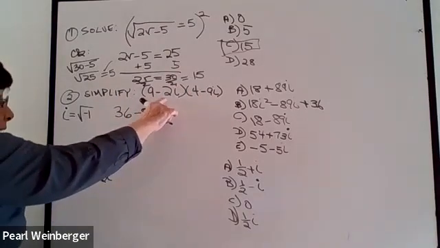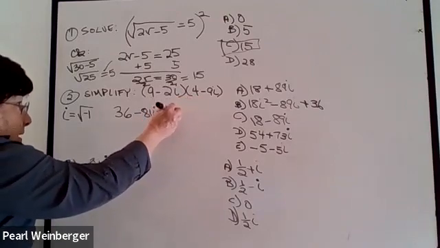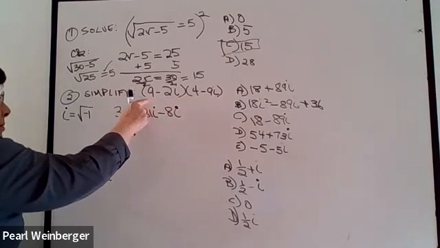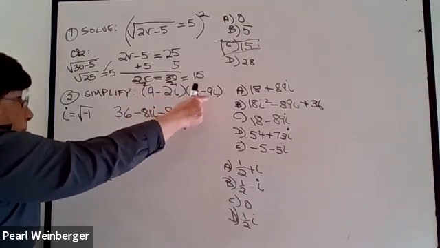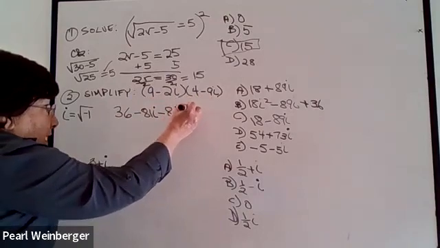Inner, negative 2i times 4, which is negative 8i. And last, negative 2i times negative 9i gives me positive 18i squared.